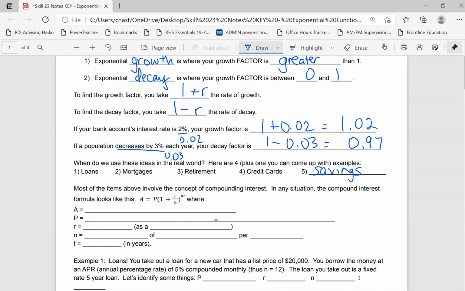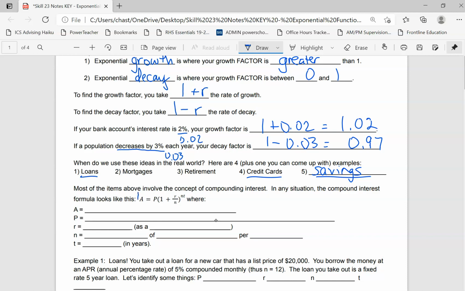Just know that they use these ideas as well. The main ones we're going to look at in this lesson are loans, credit cards, and savings. So in all of these situations, we're going to need to know the compound interest formula.